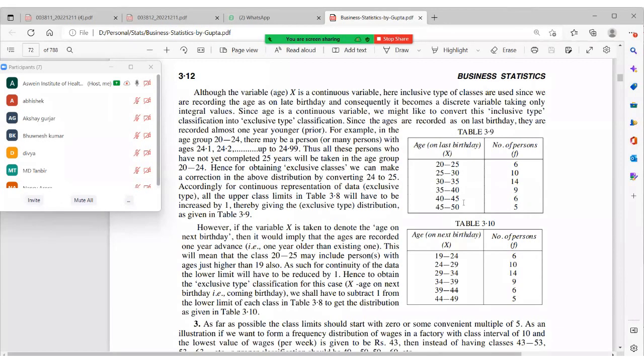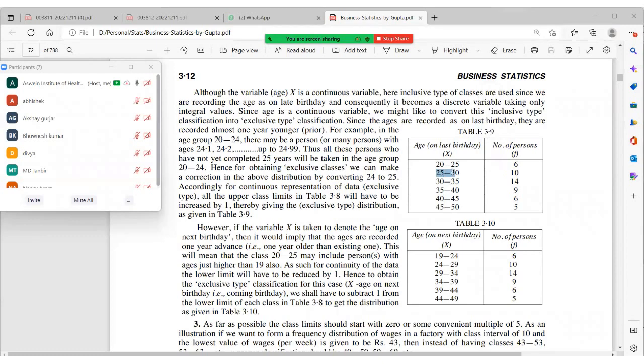The upper limit of the first class is 25, and the lower limit of the next class is 25. So if 25 comes, we always take it in the lower class. For example, if the age is 25, we consider 25 in this class.